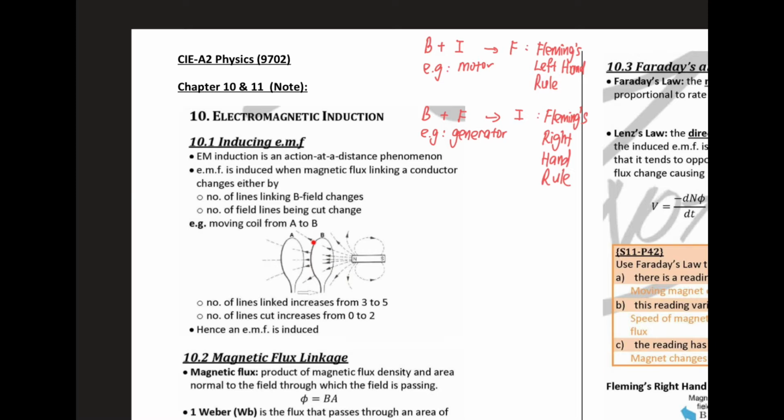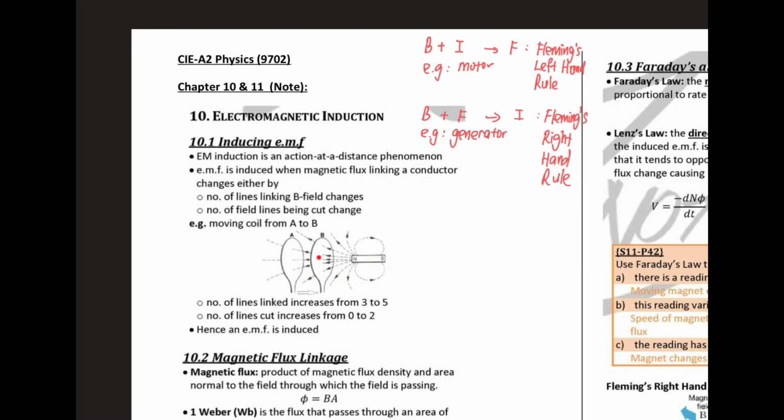And if we cut the conductor one time, it is not enough. You have to keep on making the magnetic field cut the conductor. So that's why you have to keep moving in and out. Move the magnets or move the coil in and out.